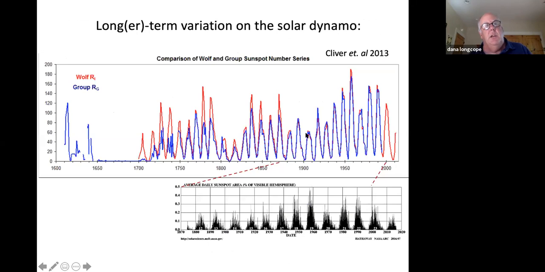So this just emphasizes that we've seen this cycle persisting. It takes quite a bit of care to take older records and turn them into sunspot numbers. So you can see it's not done perfectly here, but this is the long-term variability in the sunspot number. We didn't have magnetic field measurements, so I can't really tell you the poloidal field, but you can just assume it's 90 degrees out of phase with this.